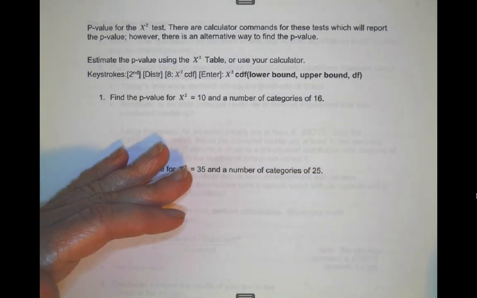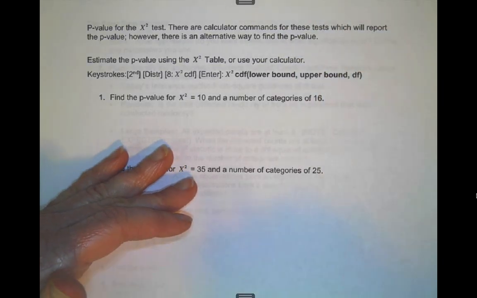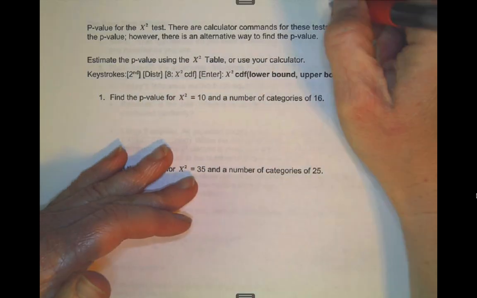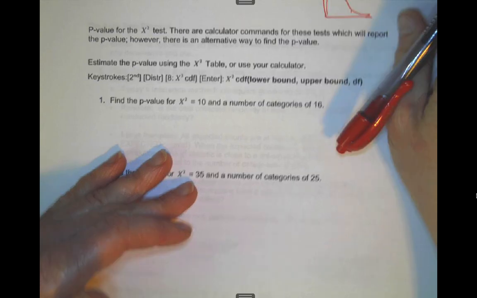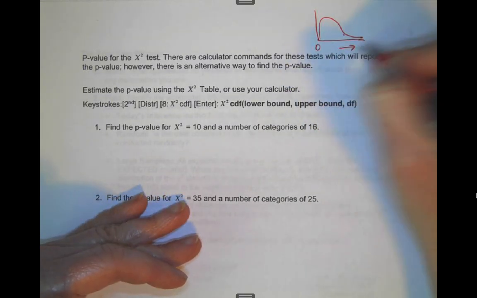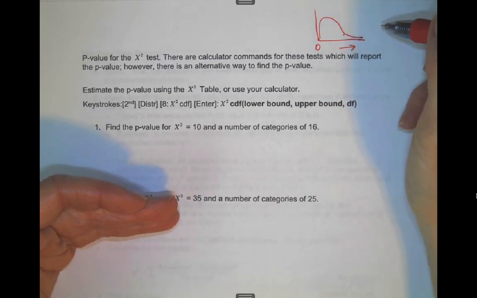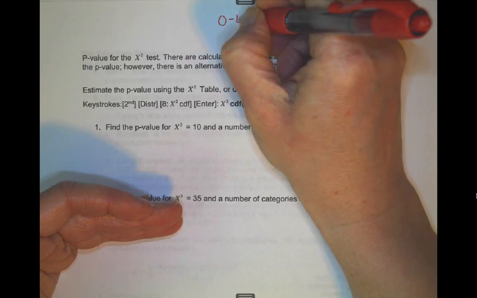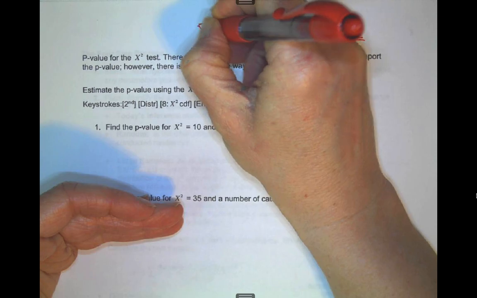When we're running these significance tests, whenever we find that p-value, it will always end up being in the right tail. Remember, this is 0 and the numbers can only get bigger in this direction. Remember it's the observed minus the expected, squared, over the expected, and then we add them all up.